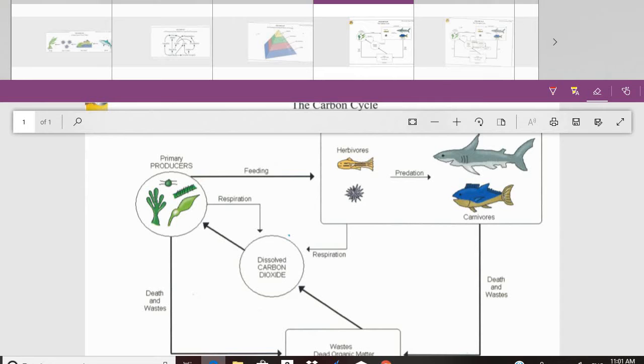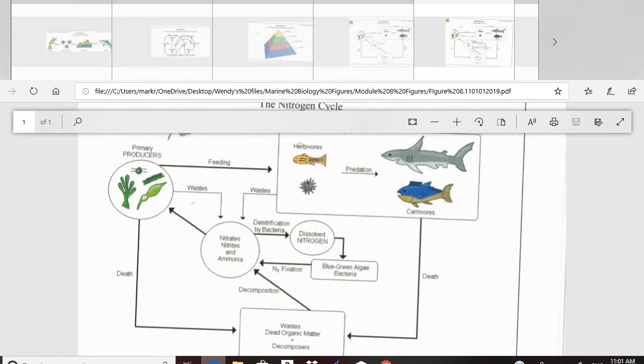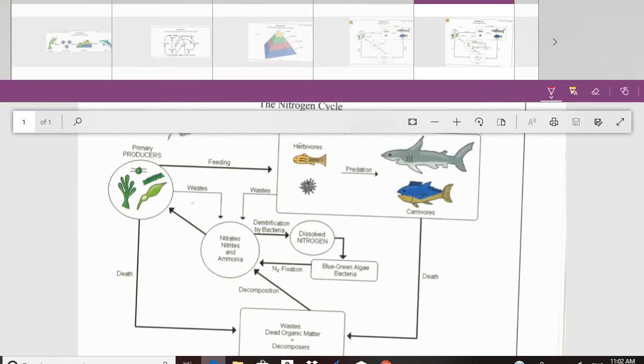So let's see. This figure illustrates the nitrogen cycle. As I said, most of the nitrogen in the air is in the form of nitrogen gas, which is N2. So what happens in nitrogen fixation is that, in this case, again, it's bacteria that are doing the job.